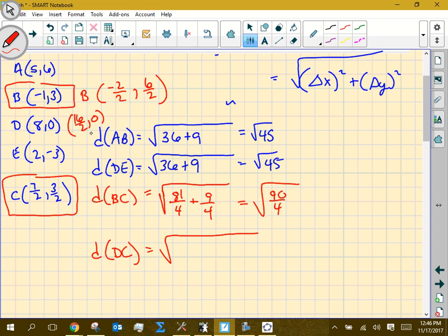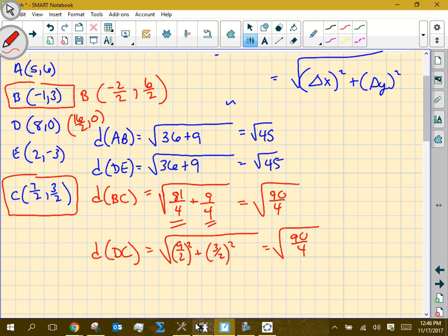So I go 16 over 2 minus 7 over 2, which gives me 9 over 2, doesn't it? We'll square that. And then I go 0 minus 3 halves, which gives me negative 3 halves, or positive 3 halves, and I'll square that. And again, 9 over 2 squared is 81 over 4 again, right? 3 over 2 squared is 9 over 4 again. Is that going to give me a radical 90 over 4 again?